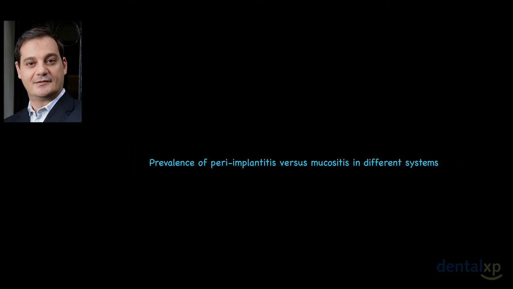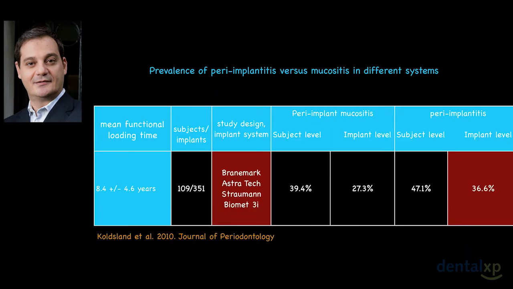Now, what is the prevalence of mucositis versus peri-implantitis? That's Gotsland in 2010, in an average of 8.4 years of follow-up of 351 patients with multiple systems, 4 of them. They found that there is a mucositis in 27.3% of the time, and peri-implantitis is 36.6%.